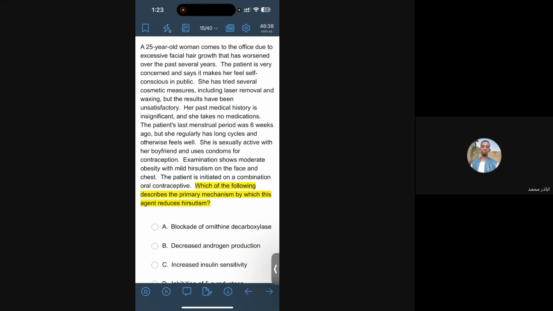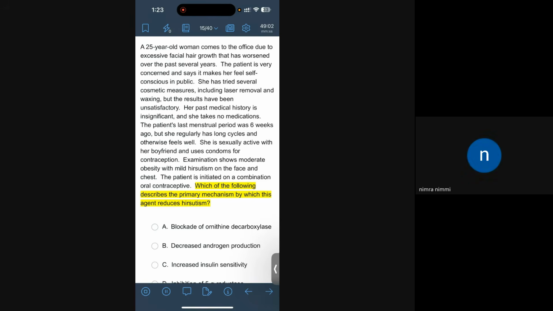She's sexually active with her boyfriend. Irregular menstrual cycles as well, infertility, obesity, and hirsutism. She's initiated on combined OCPs. What is the diagnosis here?